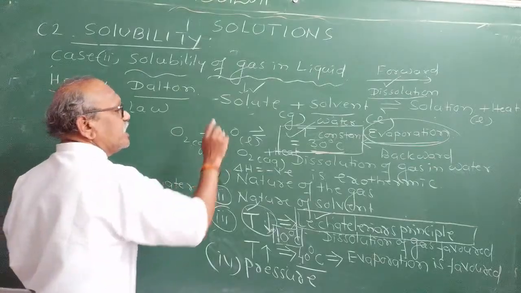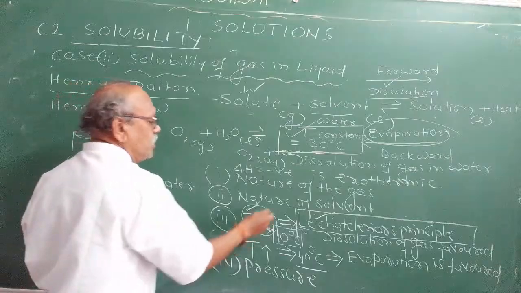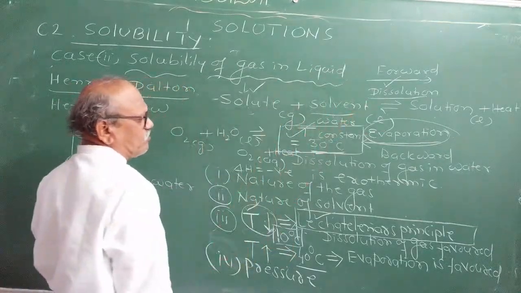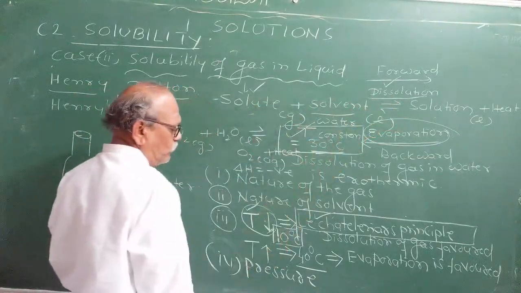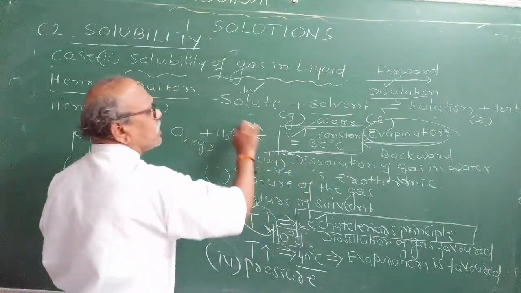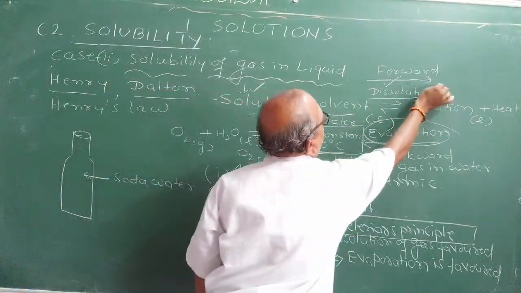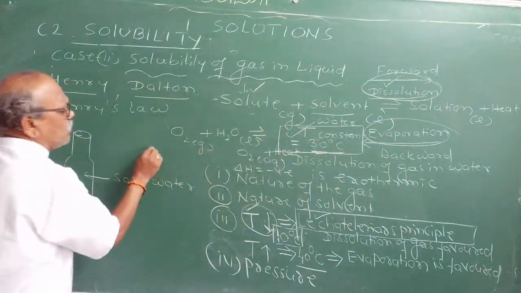In which direction does temperature increase? To increase the temperature, an exothermic reaction should take place. The exothermic reaction takes place in the forward direction. Therefore, to increase the temperature, more of the forward reaction takes place. When more forward reaction takes place, more oxygen will be dissolved in water.